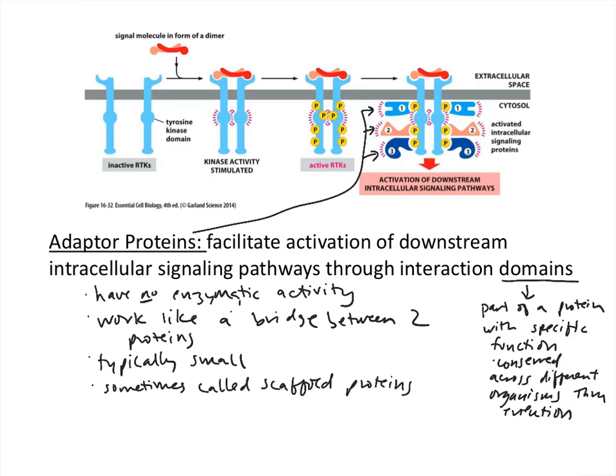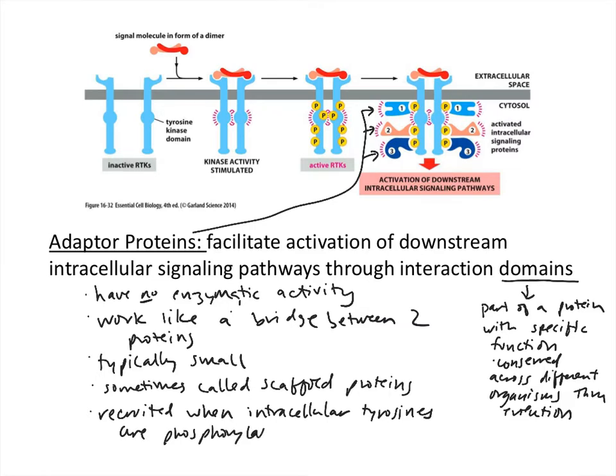The last thing is they are recruited when intracellular tyrosines are phosphorylated. And so, as you know, receptor tyrosine kinases are, through their activation, phosphorylated on specific residues like we see here.